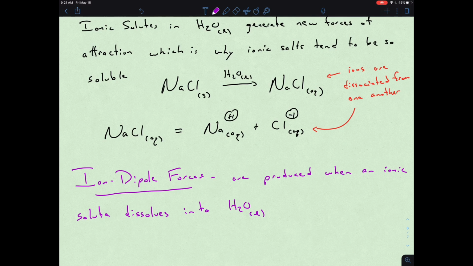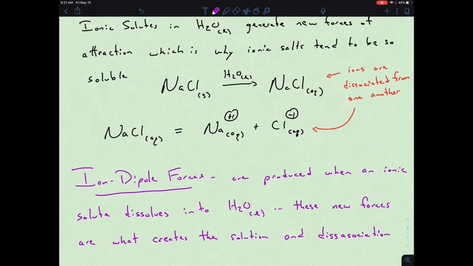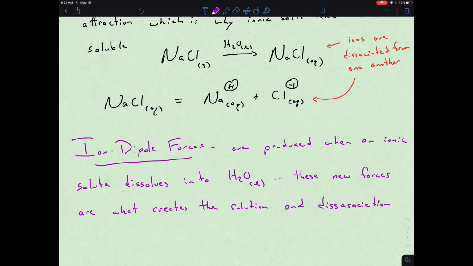So we have these new forces of attraction. These new forces are basically what creates the solution and dissociation of the salt.